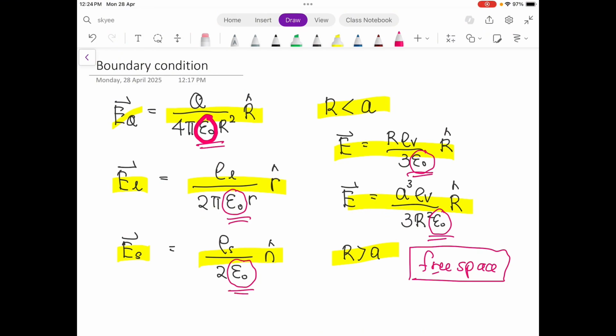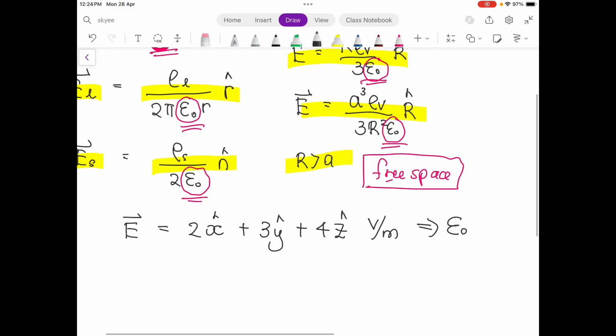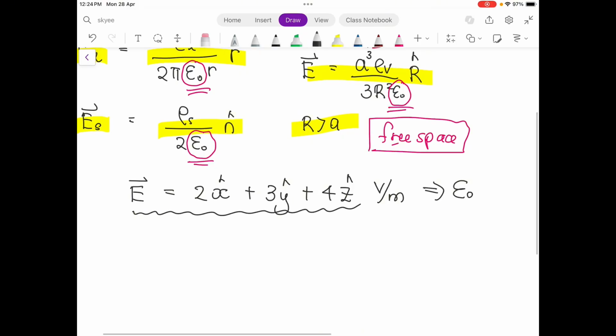For example, we have found the electric field from a structure that equals 2x plus 3y plus 4z, and we know that this electric field is propagating in free space. Now, if I ask you what happens to this electric field when it crosses into a different material?